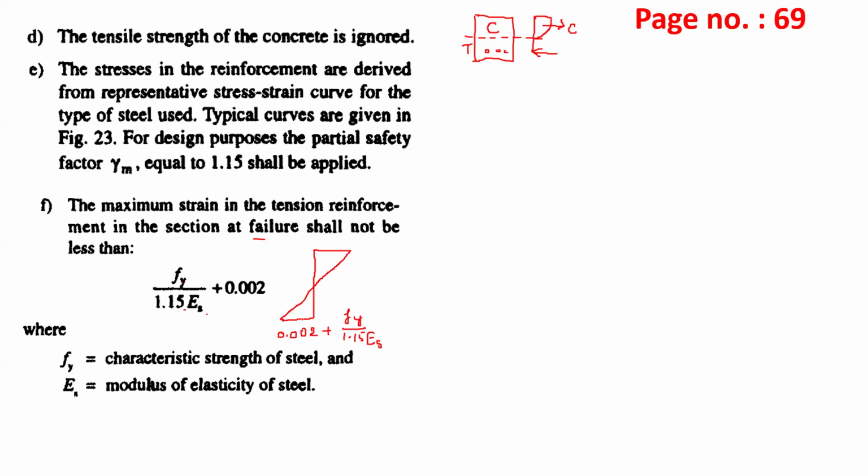Keep in mind this is steel, and here we also have the strain for concrete. We have the value 0.002 and the value 0.0035. This is the strain diagram. If you calculate this, we have this value as 4/7 and this value as 3/7.